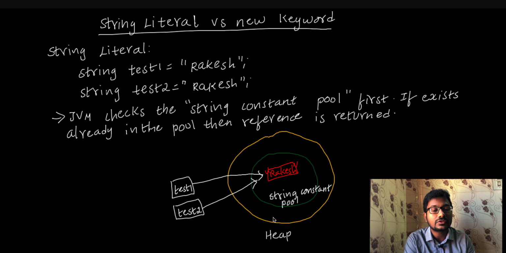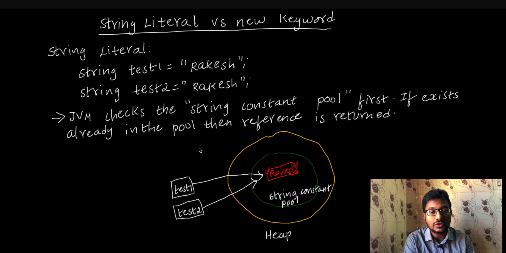Some 50% of memory is used as the common pool, in which Java stores the objects. The dedicated percentage may vary from system to system. I have just told some random percentage. So this is the string constant pool, dedicated memory by the JVM in heap memory for storing string values.